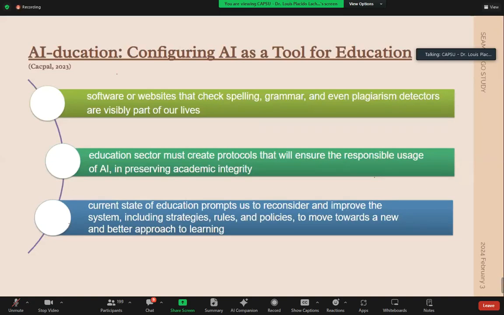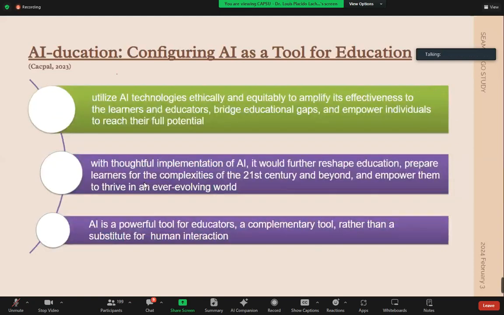So the current state of education prompts us to reconsider and improve the system, including strategies, rules, and policies to move towards a new and better approach to learning. We have to utilize AI technologies ethically and equitably to amplify their effectiveness to the learners and educators, bridge educational gaps, and empower individuals to reach their full potential.